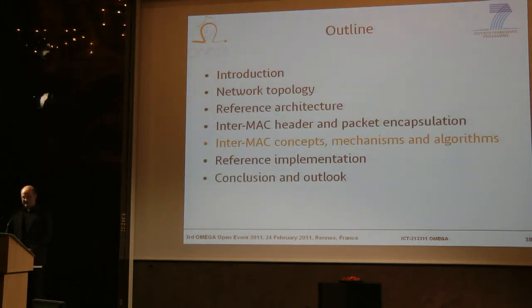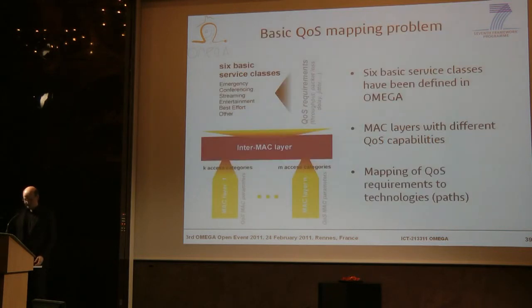Now I will address some of the concepts, mechanisms and algorithms we have developed, to give you some information about the details. First of all, we come from above. We have the basic QoS mapping problem. In Omega, as I already mentioned, we have certain service classes which are related to certain QoS requirements.